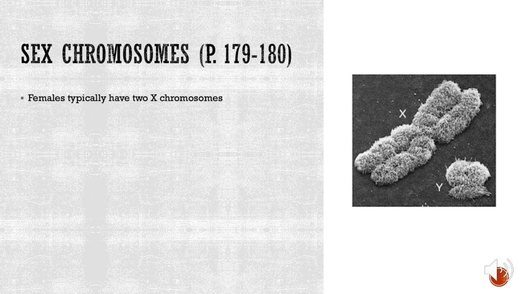So females typically have two X chromosomes. Males typically have one X and one Y. Now that is not the only choices there are, but these are going to determine primary sex characteristics, what our reproductive capacities are, what our sex organs are.